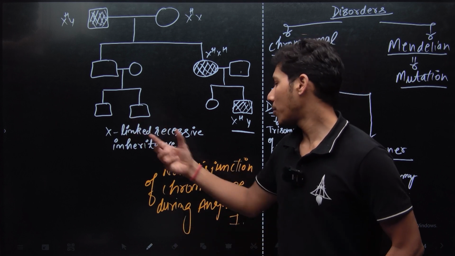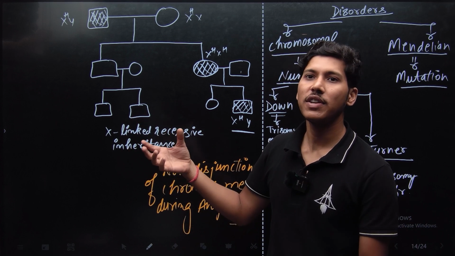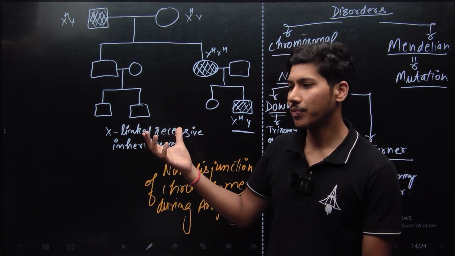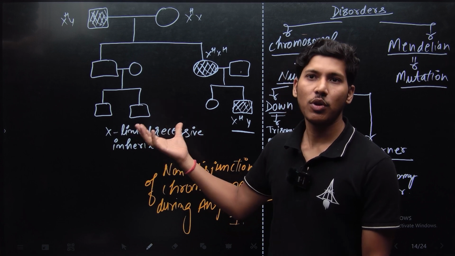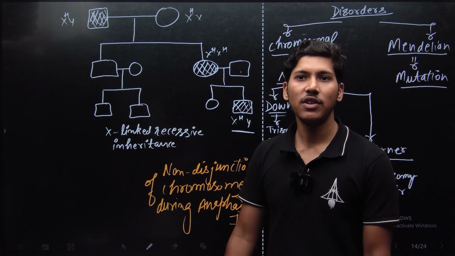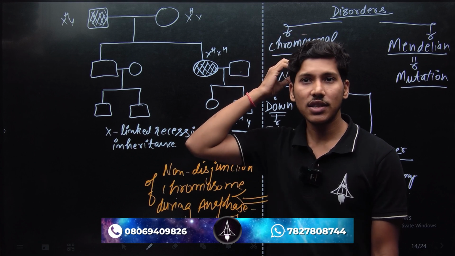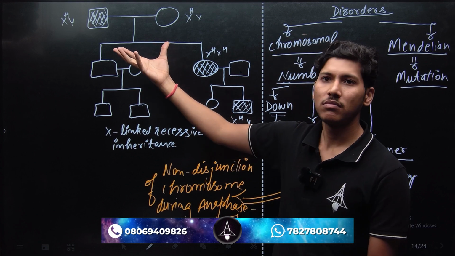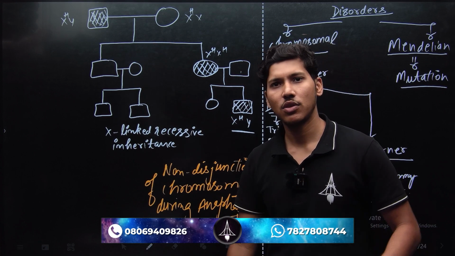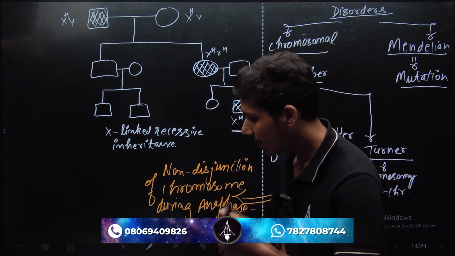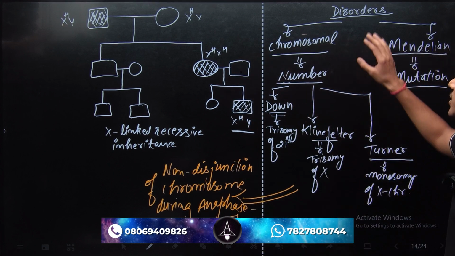Okay? Like hemophilia. Hemophilia is a disorder which is inherited like this because that is an X-linked recessive disorder. There are multiple cases of pedigree analysis, but this is one very trivial case. Okay, clear? Now let's move on to the next topic, which is disorders.